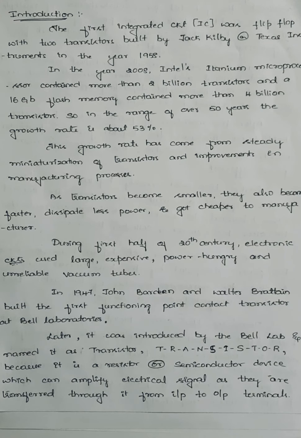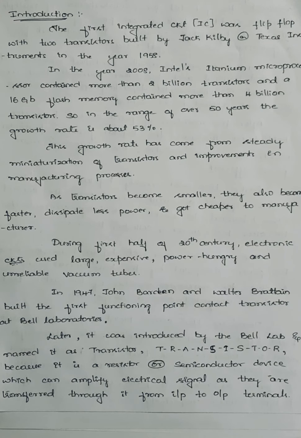The first integrated circuit, which we call an IC, was a flip-flop with two transistors built by Jack Kilby at Texas Instruments in the year 1958. In the year 2008, Intel's Itanium microprocessor contained more than 2 billion transistors, and a 16 GB flash memory contained more than 4 billion transistors.